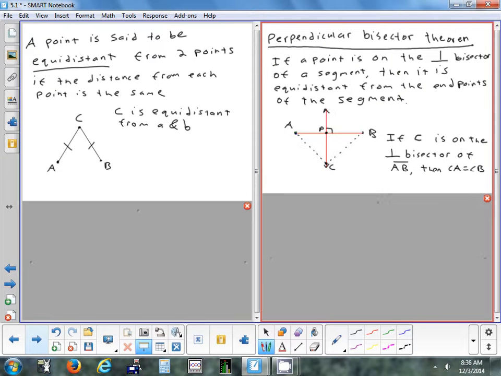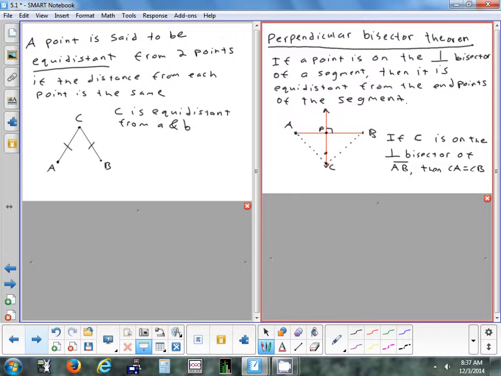So here's a picture. AB is a segment. C is a point on the perpendicular bisector of AB. I'm telling you that. Then the distance from that point to A and that point to B is exactly the same.